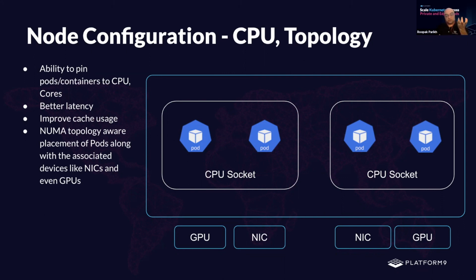So you want to make sure those are running on that CPU socket on that particular core and connected to the nearest device that they're interacting with. So we're pinning the pod to a CPU on the same NUMA boundary as the NIC. So we ensure a very fast data path to the pod to ensure the lowest possible latency for processing of that data packet. Yeah, that's pretty awesome stuff.